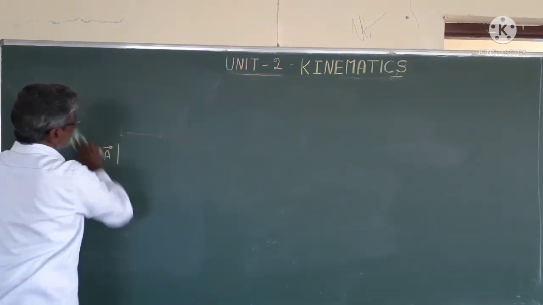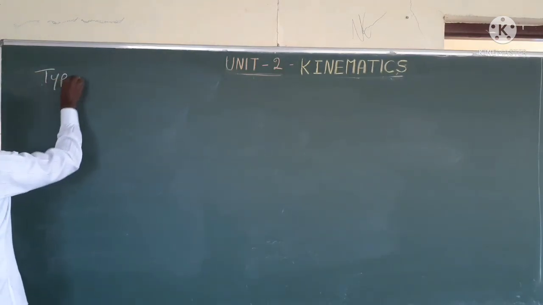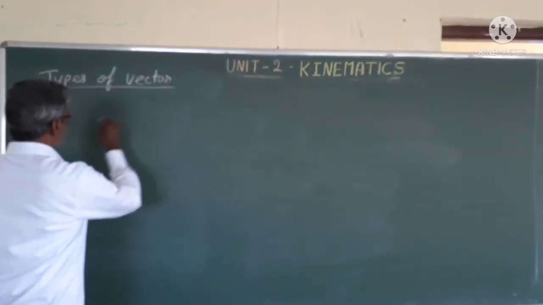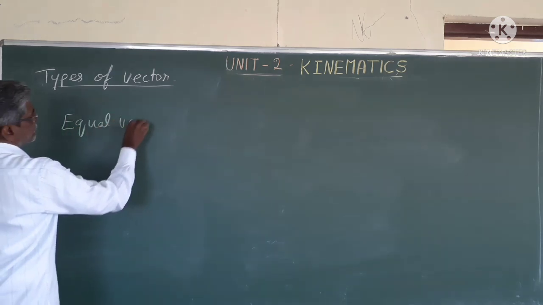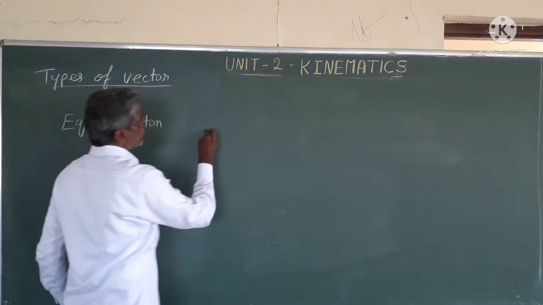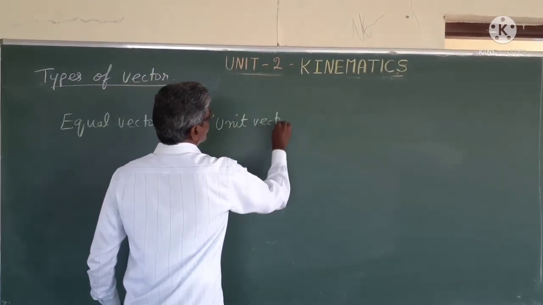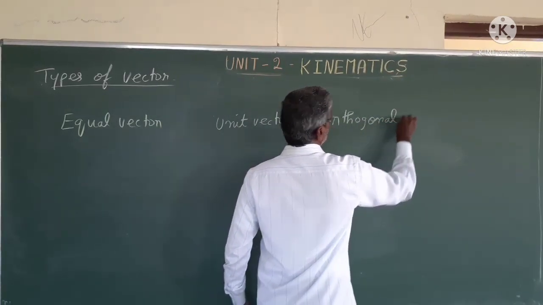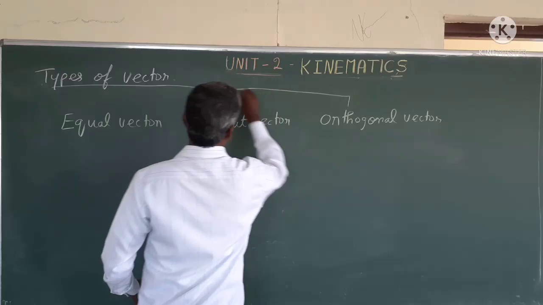Next we will go to types of vector. There are three types of vector. One is equal vector, the next one is unit vector, and the third one is orthogonal vector.